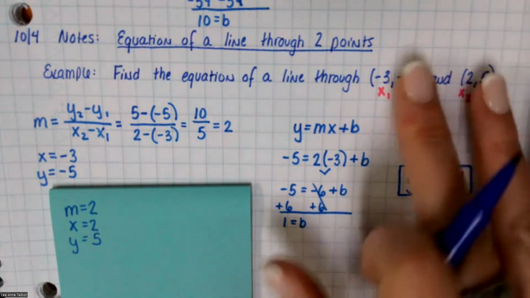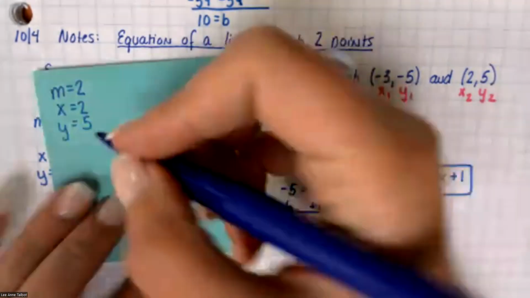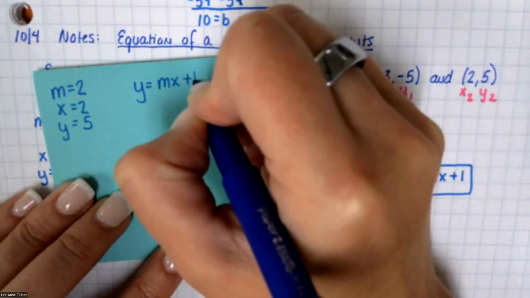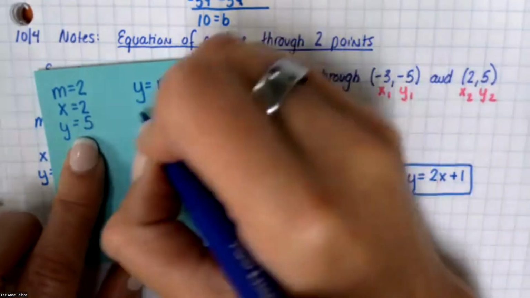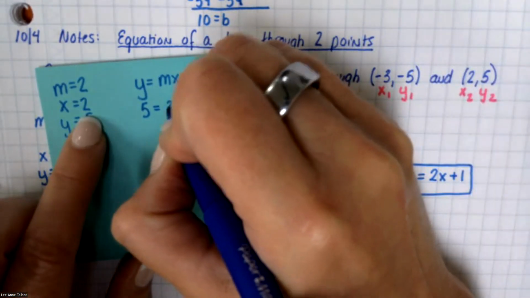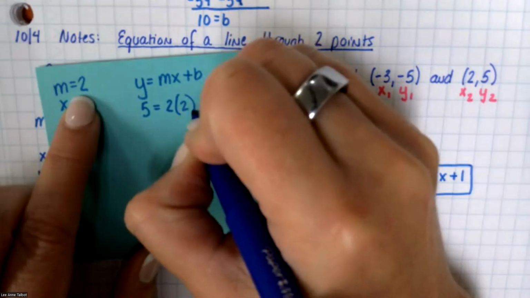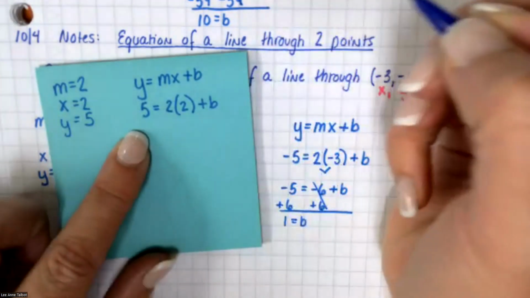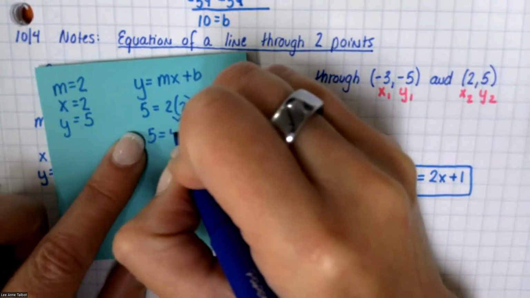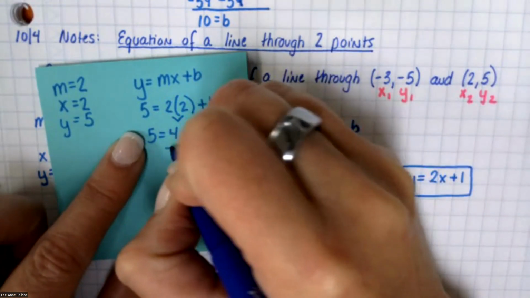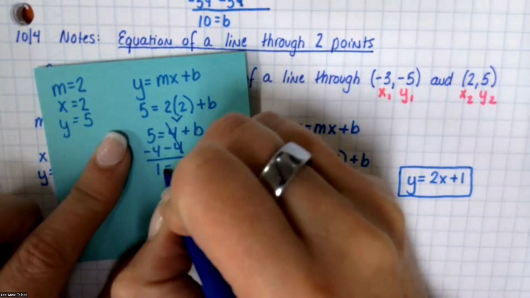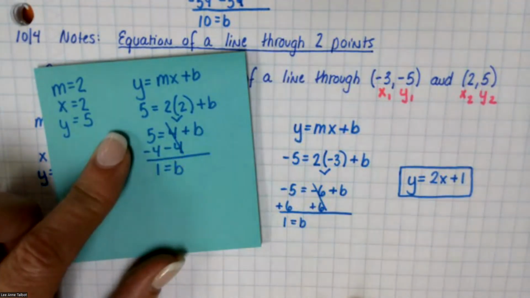Or the points were flipped. Okay, so watch what happens. y equals mx plus b. 5 equals 2 times 2 plus b. 5 equals 4 plus b. Minus 4, minus 4. 1 equals b. Same exact answer.